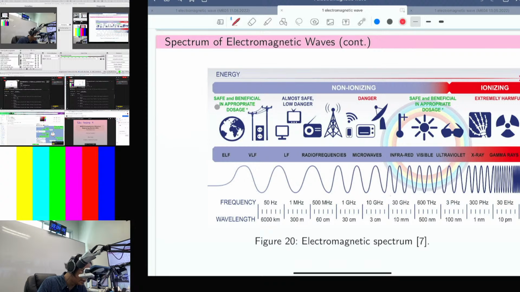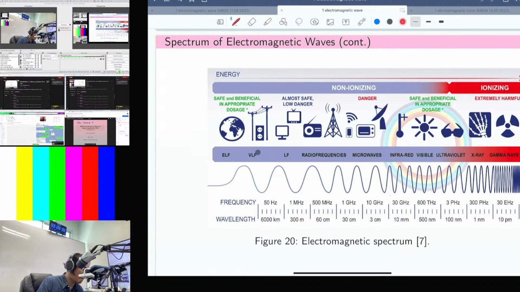If you receive it in appropriate dosage, it's still safe for us because it has low energy. But if you go further, when the wavelength decreases, we have a little bit higher amount of energy. It's called the very low frequency region.